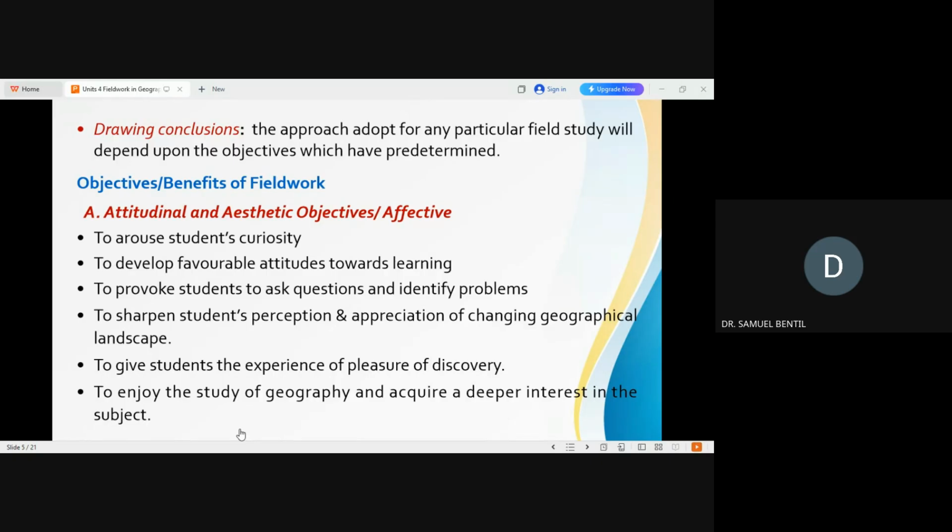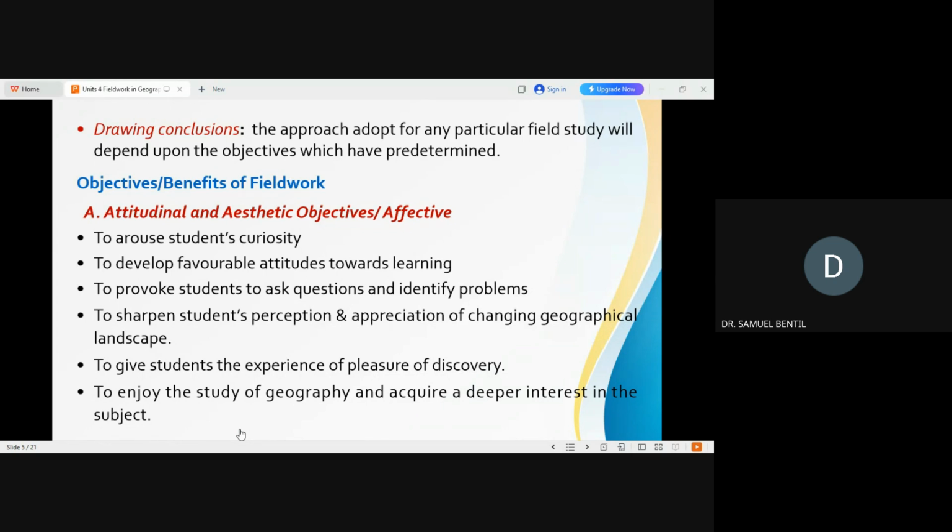So let's look at the benefits of fieldwork. The benefits have been classified into various domains. So we have what we call the affective benefits of fieldwork, the attitudinal or aesthetic objectives or benefits, which fall under the affective domain.